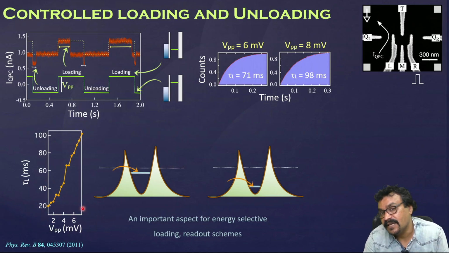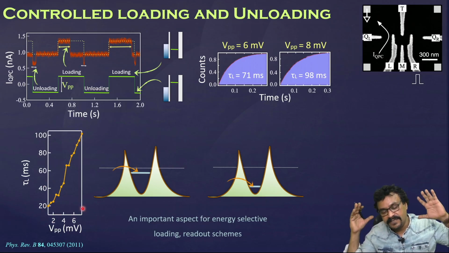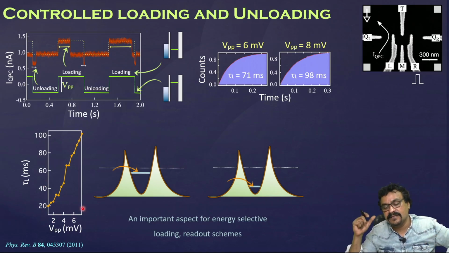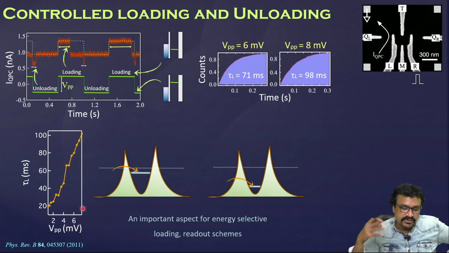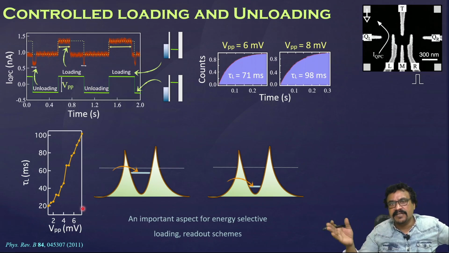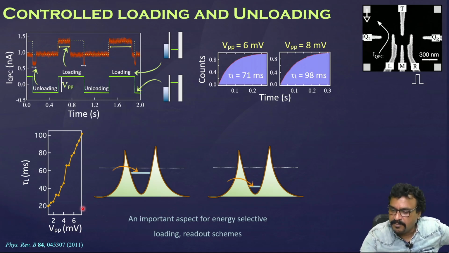So, this aspect is called energy selective loading, which is an important point, because you can now preferentially load or unload depending upon the energy. You can choose your pulse amplitude and you can promote or inhibit certain processes in the system, and you can do that individually to the dots by choosing the appropriate gate.